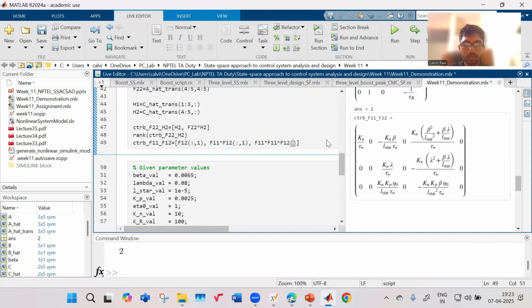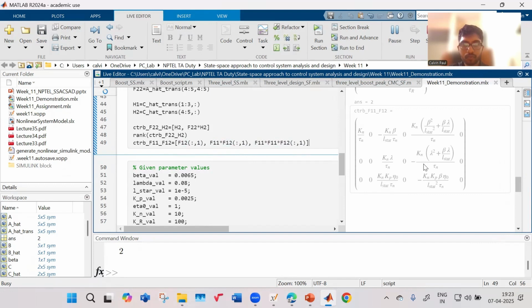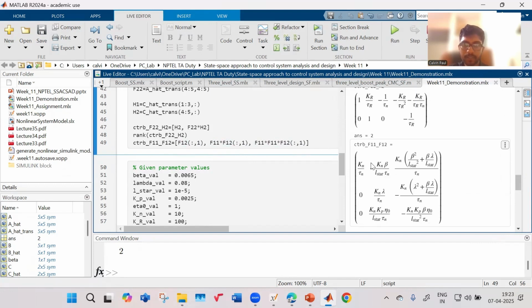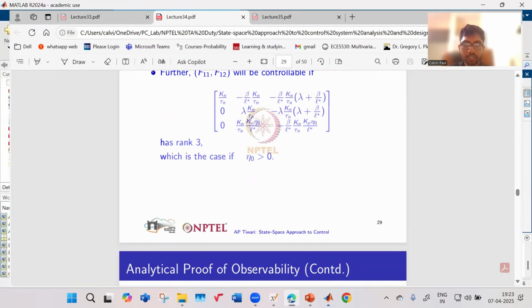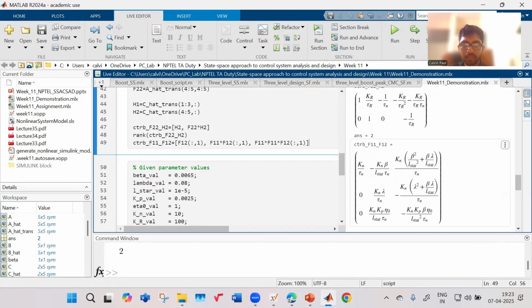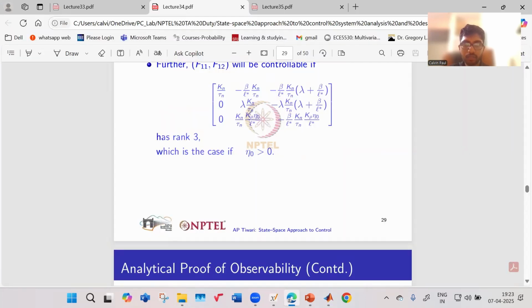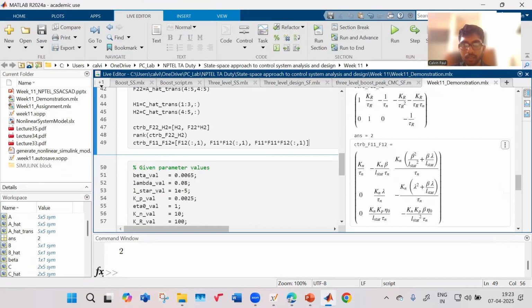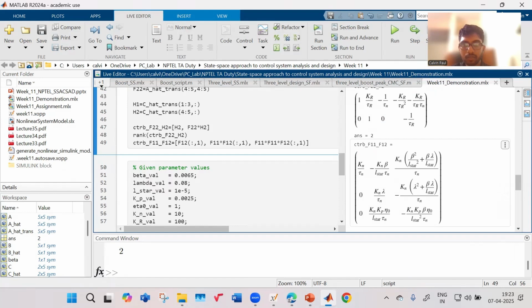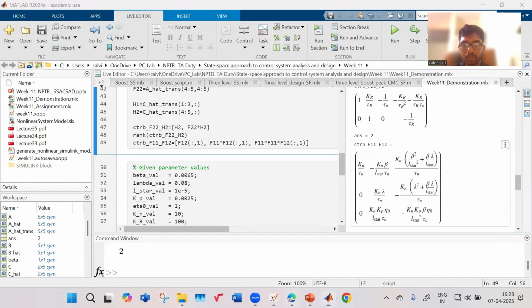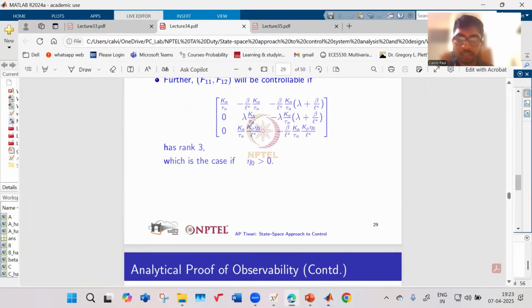Similarly, we do here all the rows and the first column. If we do that, you will get this: Kn upon tau n, minus beta upon L star, Kn into beta upon L star into tau n, minus beta of L, lambda Kn of tau n.